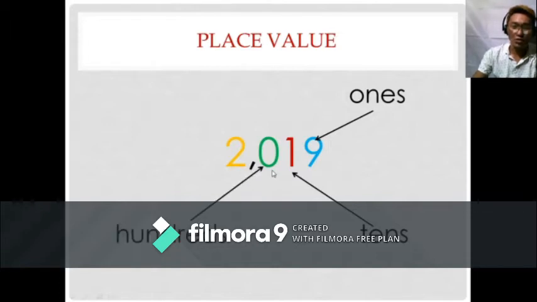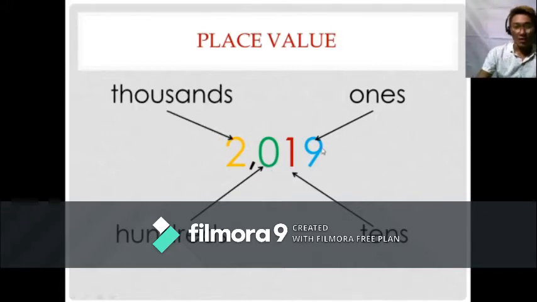And the yellow 2, that is thousands. Now again, to identify the place value, first you look at the number at the right side, followed by the numbers in order to the left side. This is ones, this is tens, this is hundreds, and this is thousands.